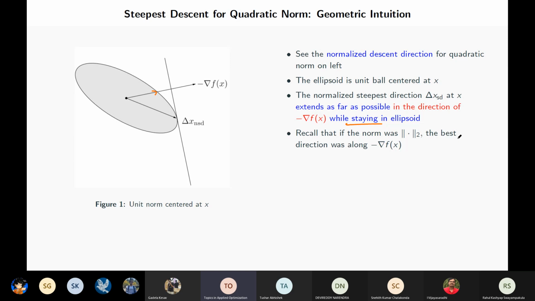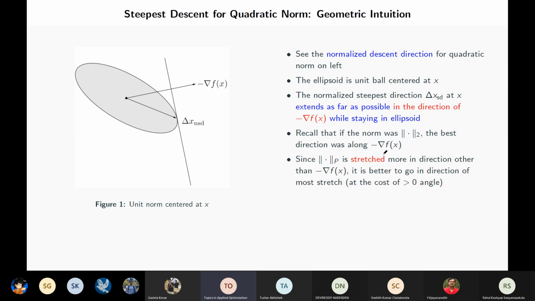Recall that if the norm were the 2-norm, the best direction we know already would have been minus grad fx.